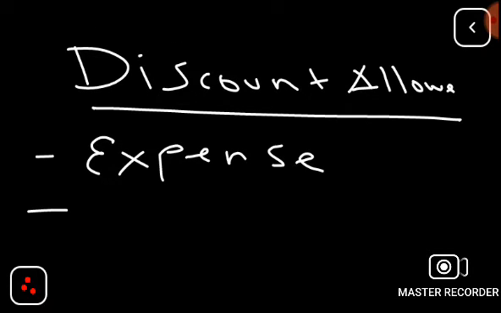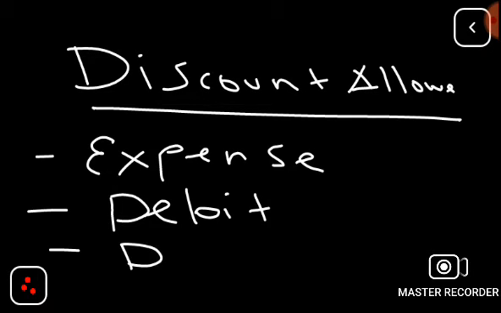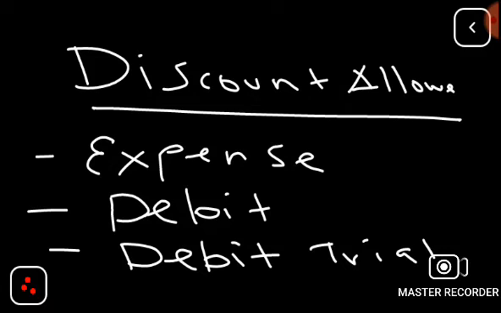Two, it has a debit balance. Three, it goes on the debit side of the trial balance. Now let's talk about why it is an expense.